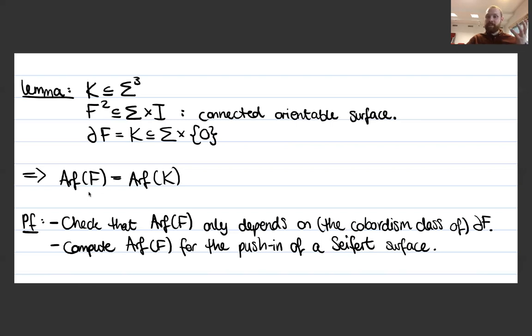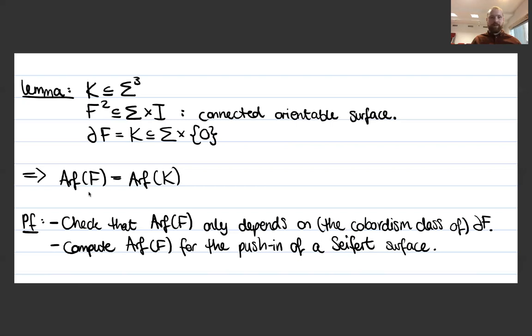And in particular, you can choose the Seifert surface for the boundary and just push it into sigma cross I. And then you have to check. So this boils it all down to a little check that the Q of that Seifert surface is equal to the Q of this surface F. So they in fact have equal quadratic refinements, and so their Arf invariants are equal. So this is, if you like, a 4-dimensional way of computing the Arf invariant.